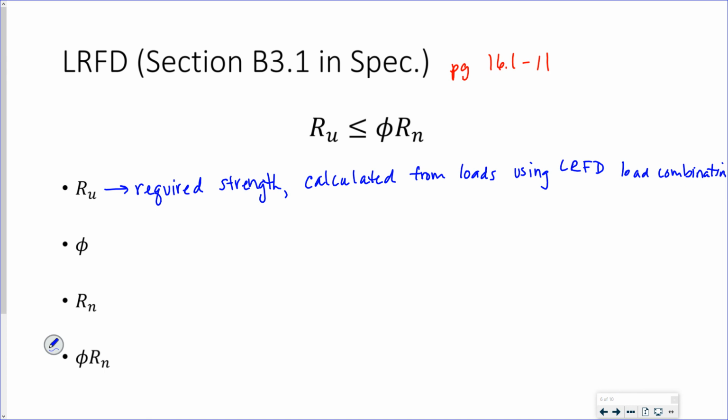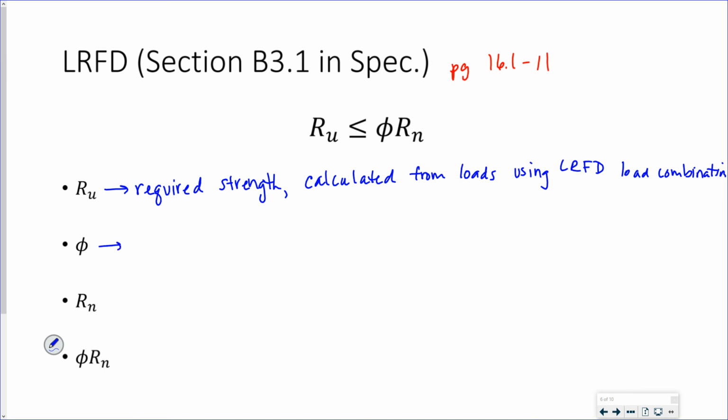That's where you go to ASCE 7 and you say I have this type of dead load, this type of live load, I may have snow load, I might have wind load, earthquake load, and you use all the different combinations and you come up with your ultimate required strength.